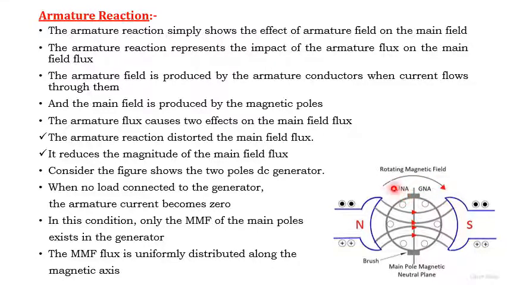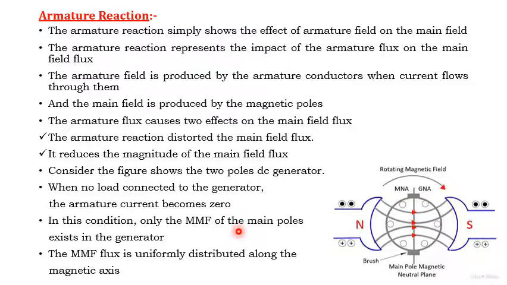The magnetic neutral axis always aligns with the magnetic poles, and the geometrical neutral axis is aligned with the armature. The GNA, the geometrical neutral axis, is perpendicular to the magnetic neutral axis.